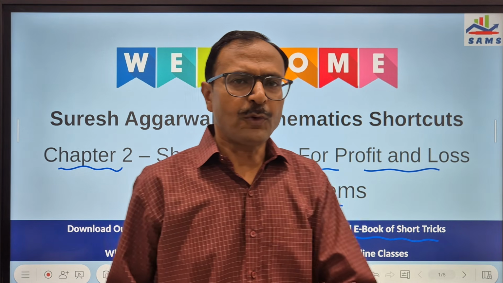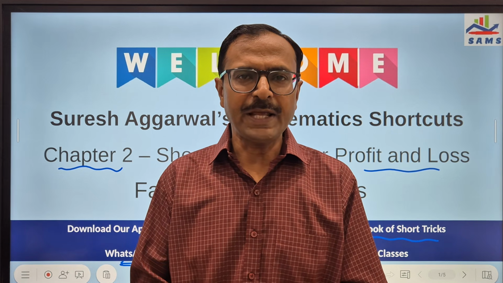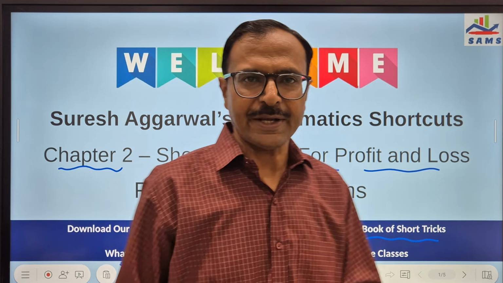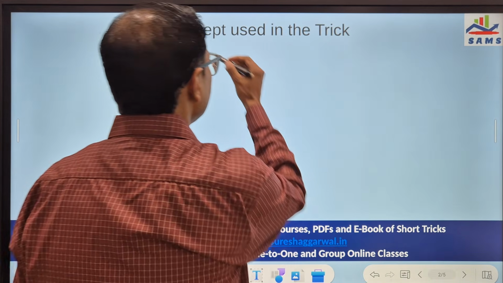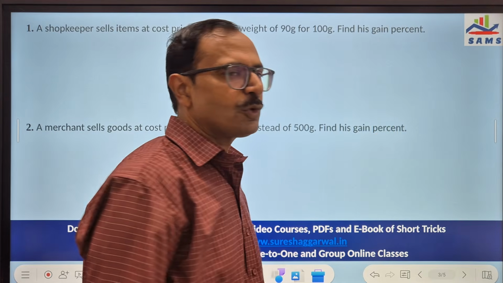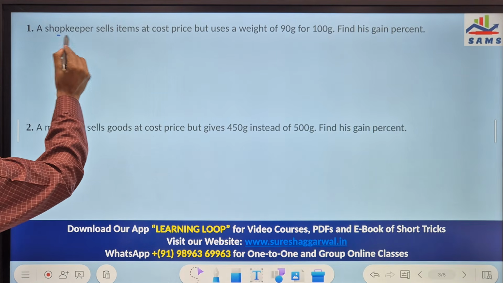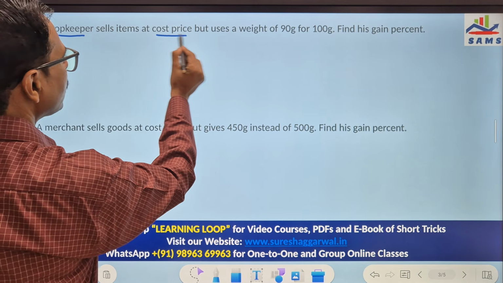So friends, before understanding the concept, let's first understand what type of question can be solved through this trick. I will come to the concept later, and I'll show you the two types of questions which I am going to take up. Here we have a question where a shopkeeper sells the items at cost price.